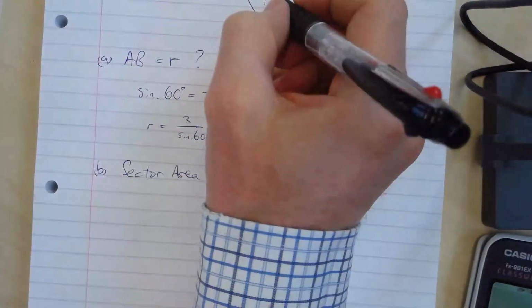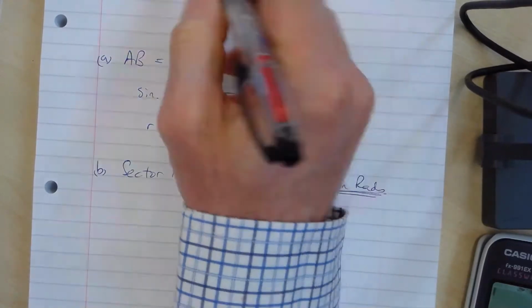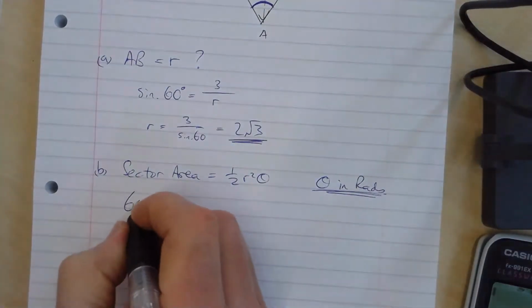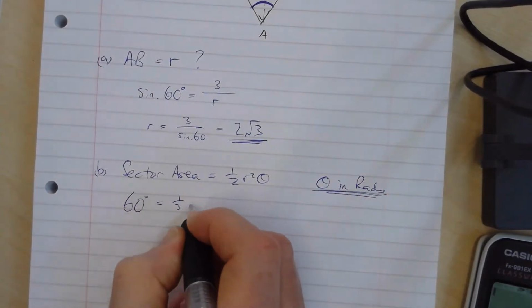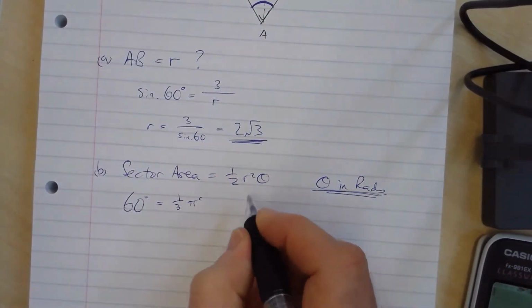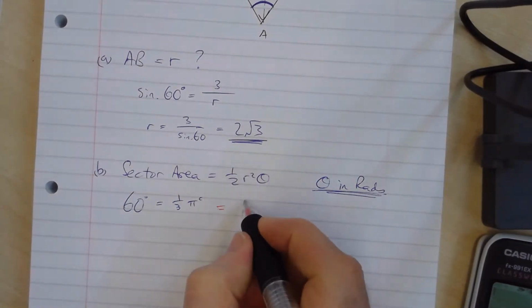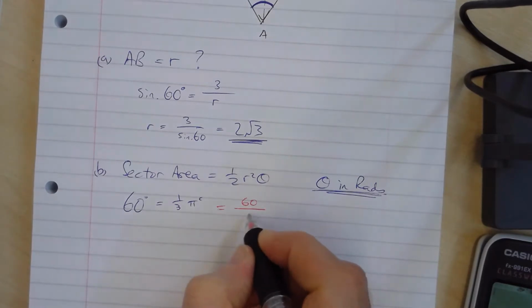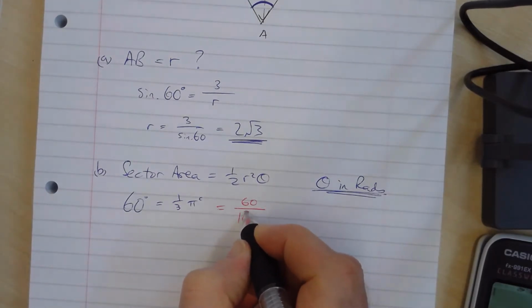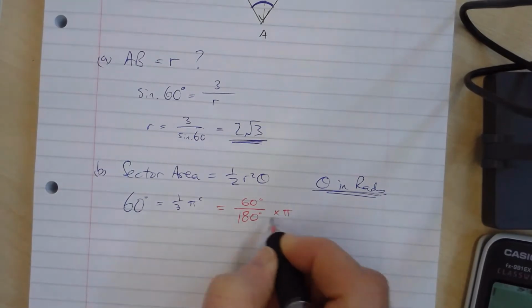Crucially, this angle down here in full is 60 degrees, but 60 degrees in radians is 1/3 pi. We should kind of know that really, but if we didn't know that and you needed to work it out, remember 60, divide away the degrees of 180, introduce the equivalent number of radians, which is pi radians.